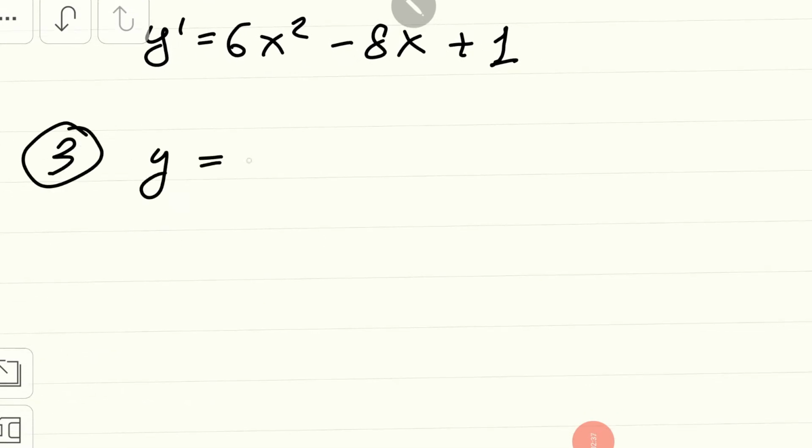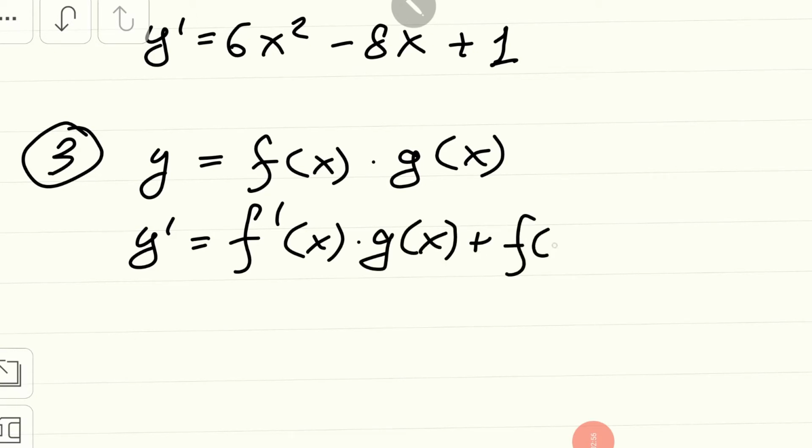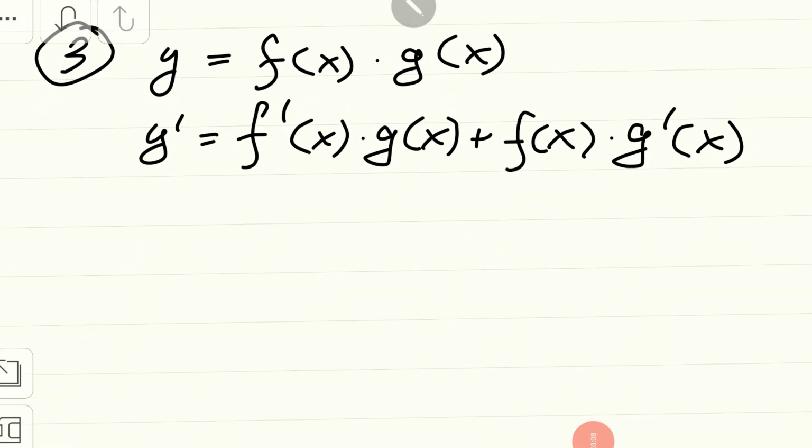The next rule, product rule. If you've got a product of two functions, the derivative of this product, y prime, will equal f prime of x times g of x plus f times g prime of x. Next, rule number 4, quotient rule.